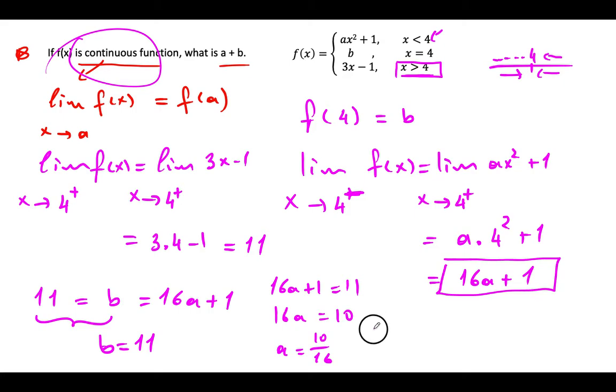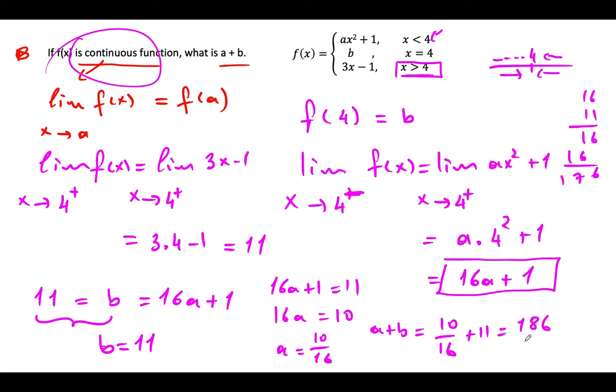And then the question is find a plus b. So 10 over 16 plus 11, which will be, let me calculate here. So 176 plus 10, 186 divided by 16. And then we can simplify.